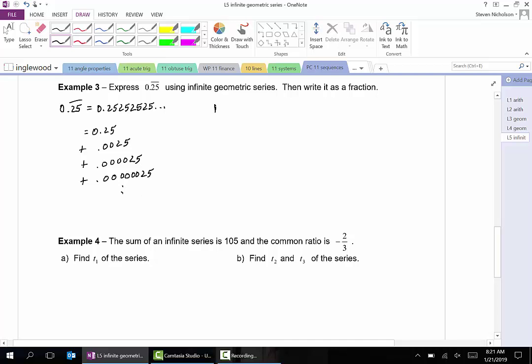So again, it goes on for infinity, an infinite number of fractions. So we can rewrite this as a series: 0.25 plus 0.0025, etc.